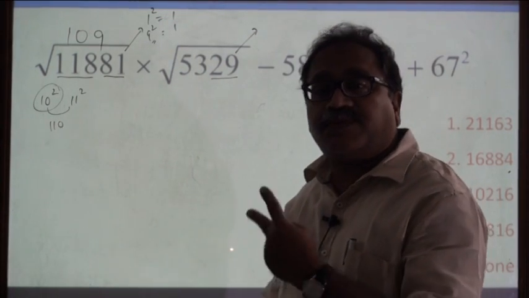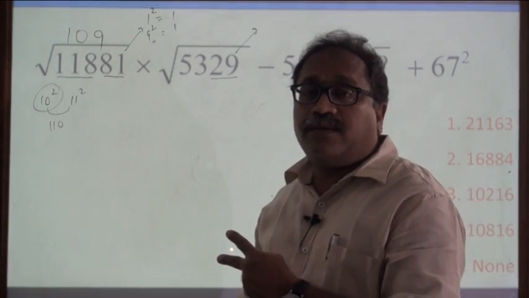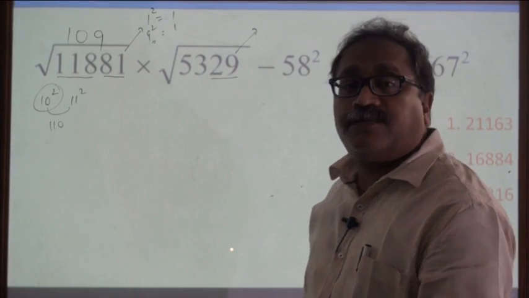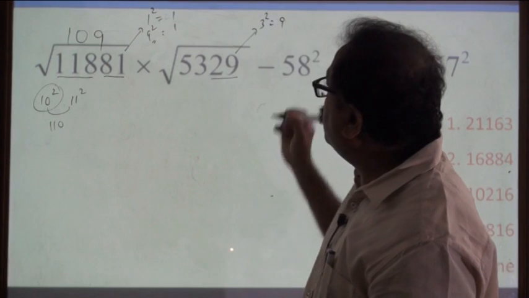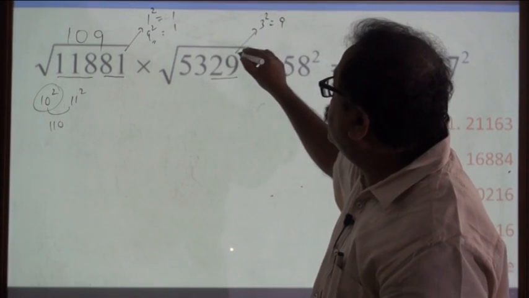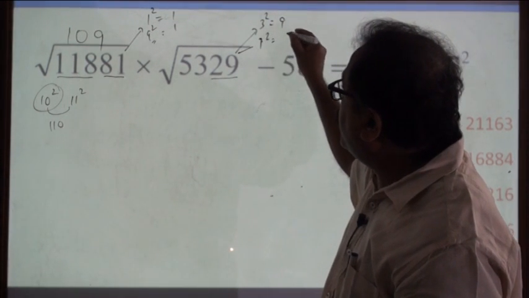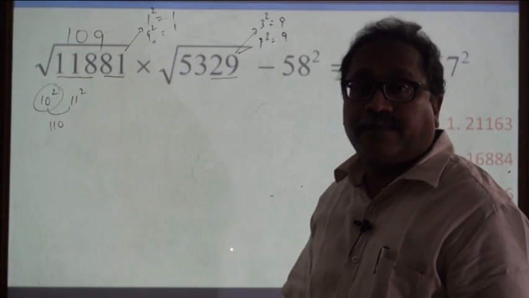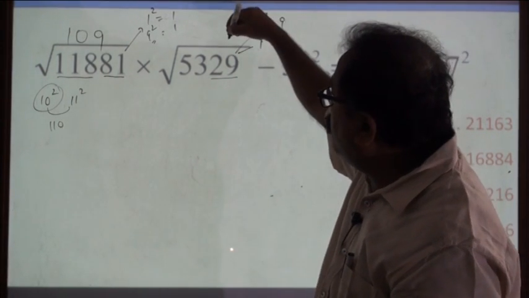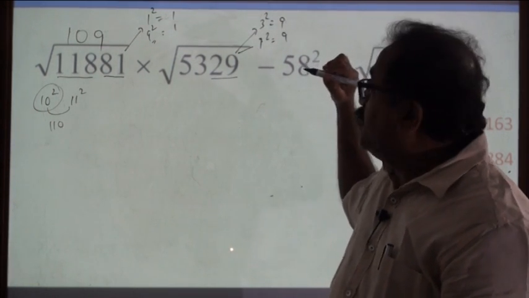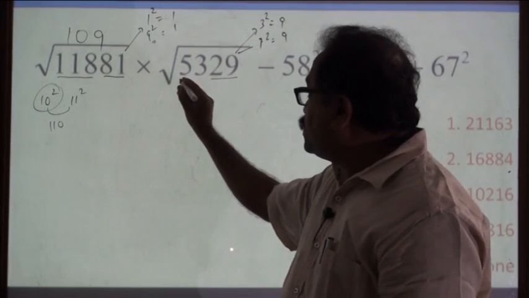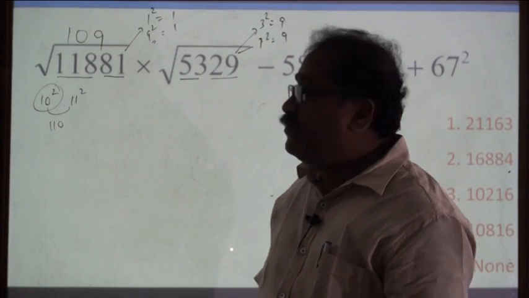There are 2 cases when I get the 9 as in square of the number, that is 3 square 9, or 7 square 49. So here I get 9. So my unit digit will be either 3 or 7. That depends on this number 53.